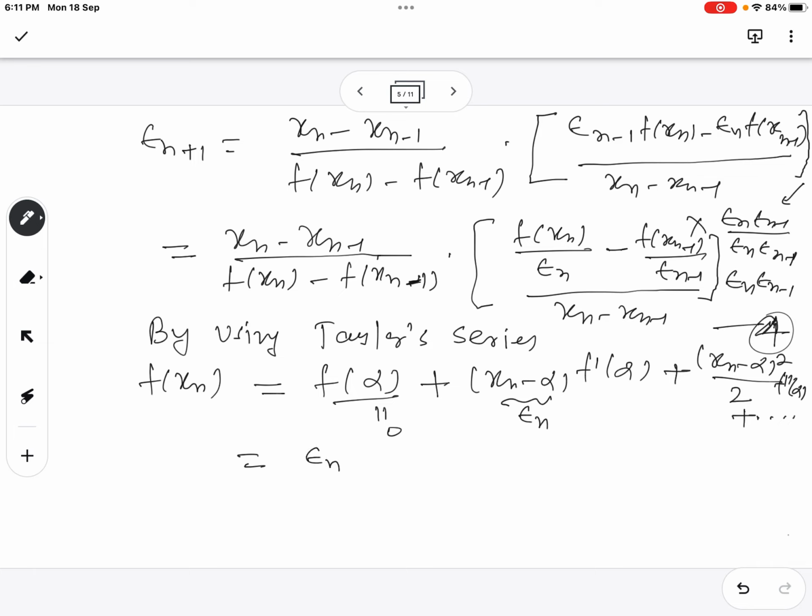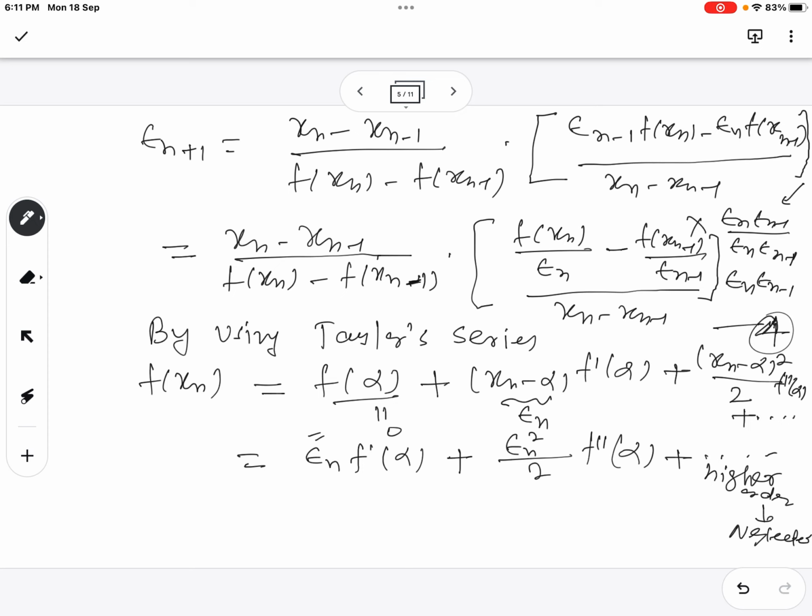So I can write down nth error multiplied by derivative of f at alpha plus nth error square by 2 second derivative at alpha, and we'll get higher order terms. And these higher order terms can be neglected because this error is small.